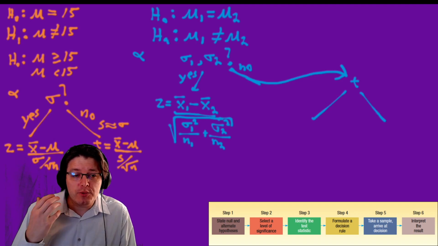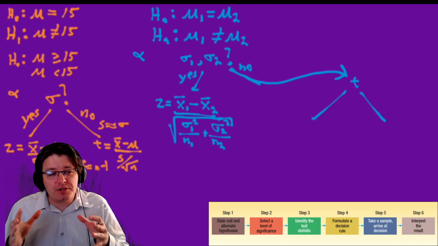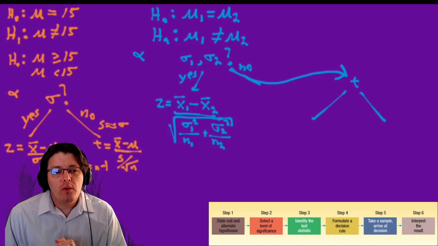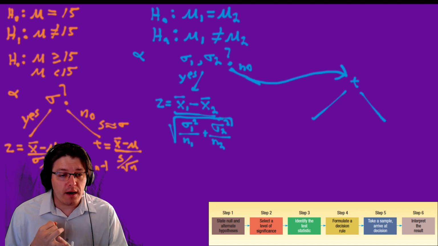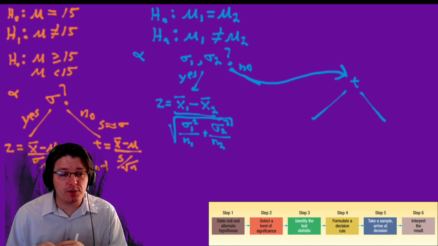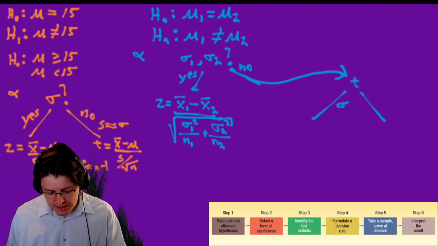We have mu1 and mu2. We've already said we have sigma 1 and sigma 2, how much these populations move around. We've said we don't know what they are, but what we haven't said yet is whether or not we think they're the same. If we think that sigma 1 is equal to sigma 2, we're going to go with a different equation. So this second question is, is sigma 1 equal to sigma 2?